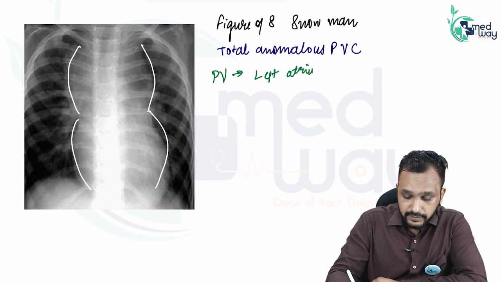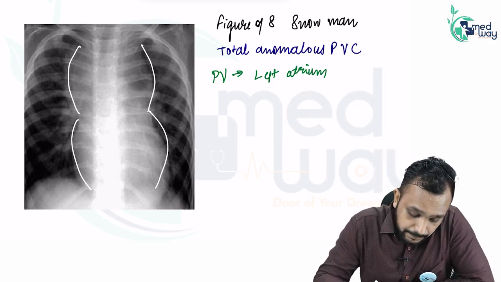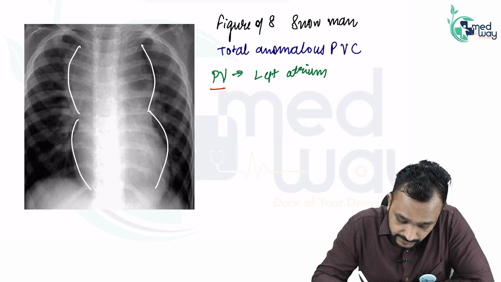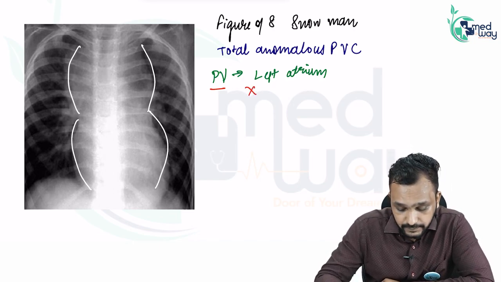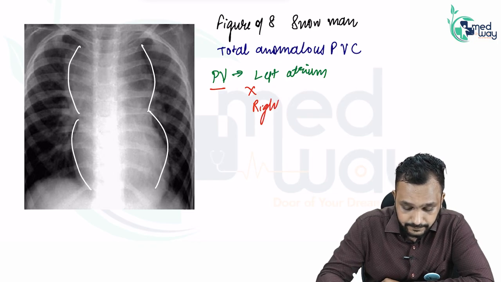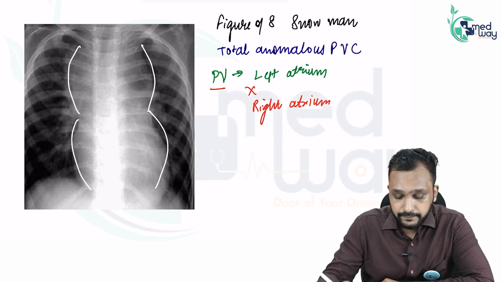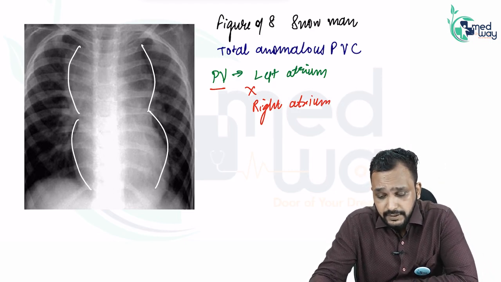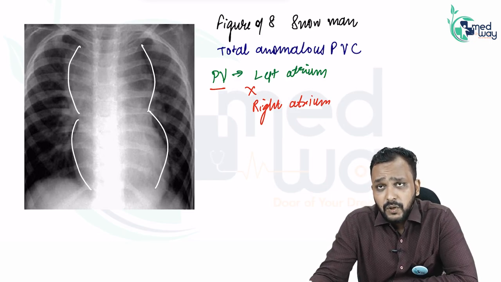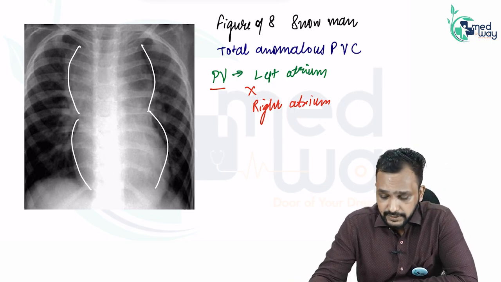But in patients with TAPVC, the pulmonary veins, instead of going into the left atrium, they are draining into the right atrium. Now the oxygenated blood from the lungs is not going into the body. Instead of going into the body, it is going into the right sided heart only, right?